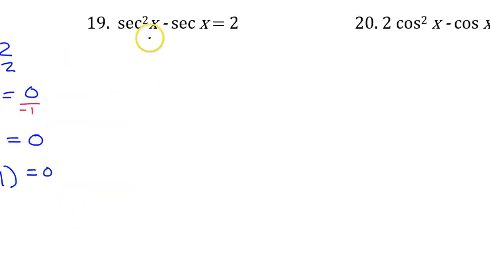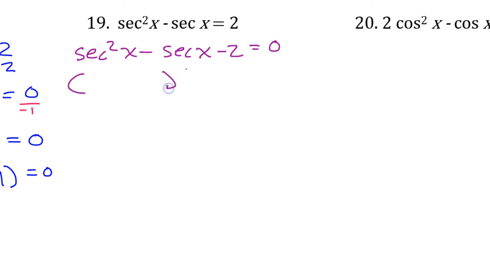All right, for this one, we have all secant, so I think I'm just going to leave it like this. I'm just going to subtract 2 from both sides, so that's going to give me secant squared x minus secant x minus 2 is equal to 0. This should be factorable. So secant squared will only factor as secant times secant. 2 can only factor as 2 times 1.